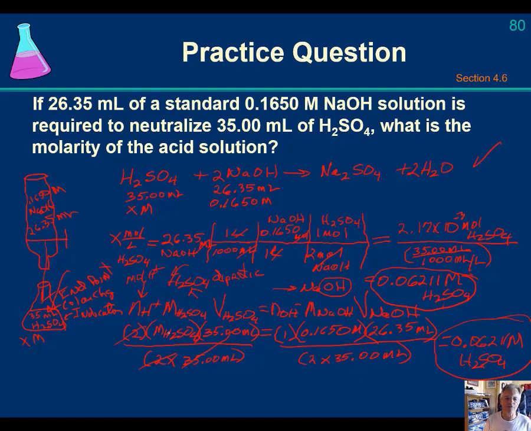All right, now I've got to emphasize this. I can't emphasize this enough. This is not the dilution formula. It capitalizes on a similarity in calculation, which is volume times molarity equals moles. But if you neglect the number of moles of H plus or the number of moles of hydroxide per mole of your base or per mole of your acid, you will get this problem wrong.